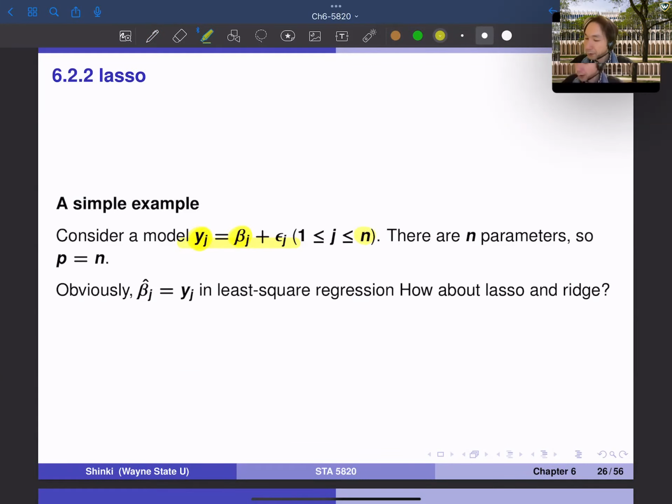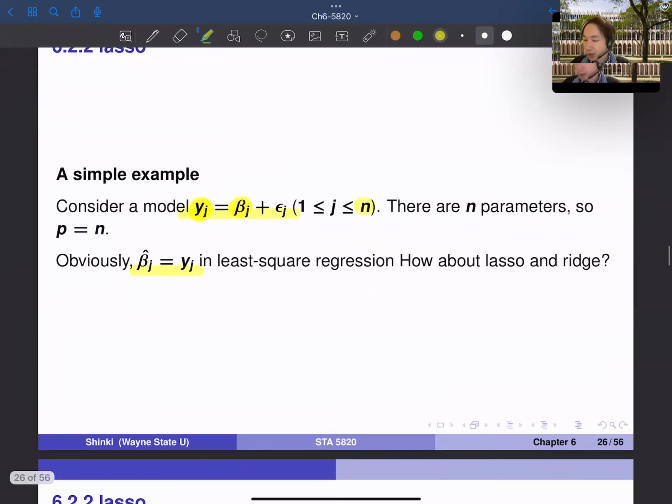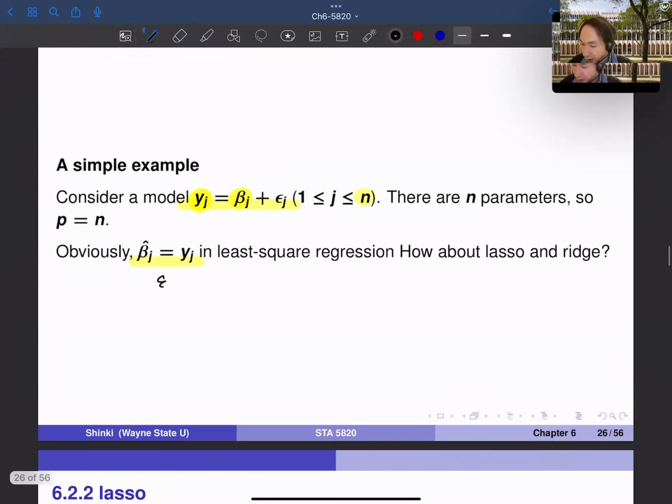If we estimate this by OLS, trivially beta j hat is equal to Yj, and the epsilon j is equal to 0 for all j. So this is the least squares estimate.